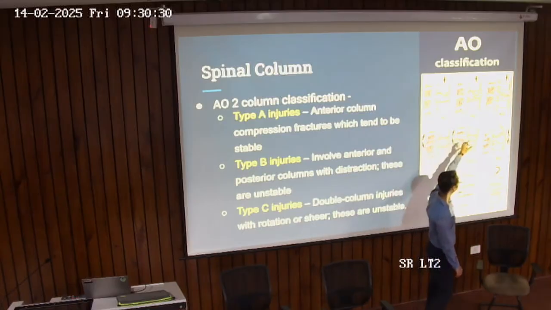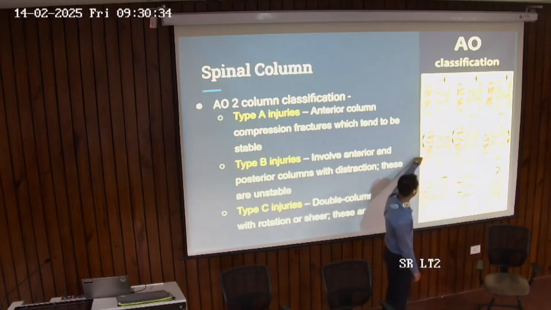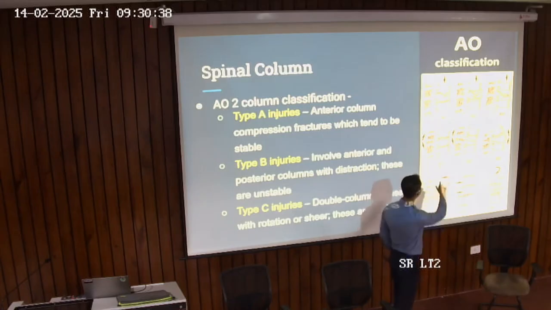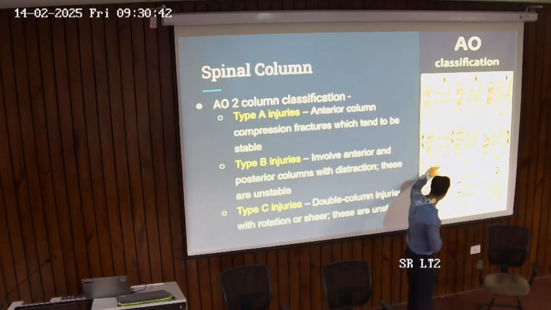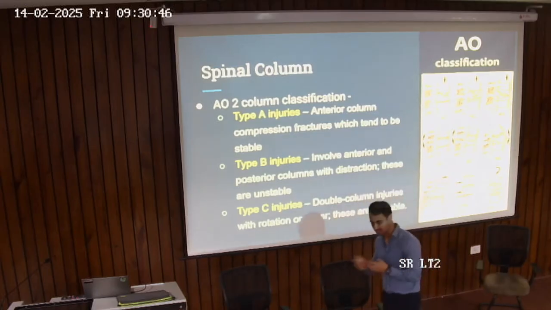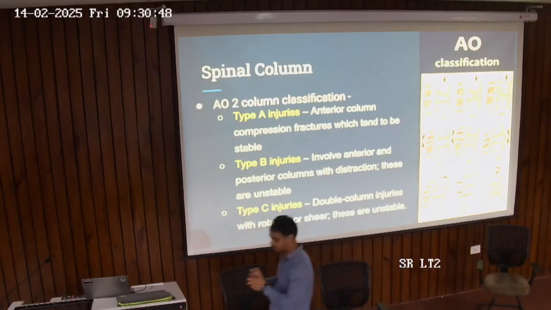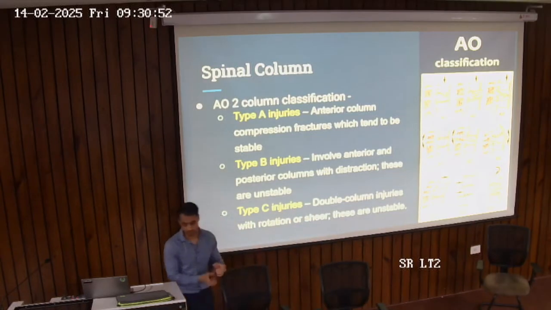So in A1, A2, A3, the vertebral body is damaged in various degrees. In B1, B2, or B3, both the columns are damaged, but at different levels, meaning severity is different. And in C, C1, C2, C3, along with the injury, there is also translation or rotation. So C is basically B with translation or rotation.